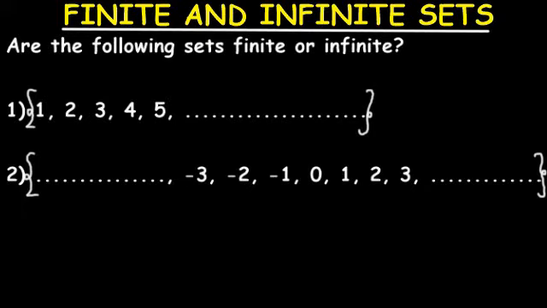So let's focus on the first one. What does the dot dot dot really mean? If you don't know this, please listen attentively. It means that the elements keep going all the way to infinity, and from the word infinity, it means something continues indefinitely.